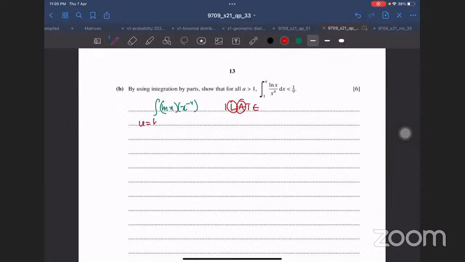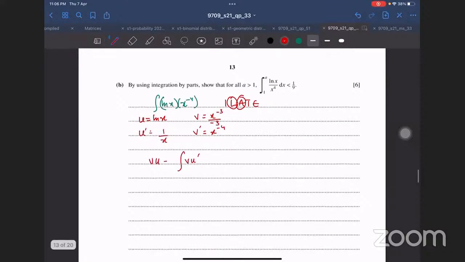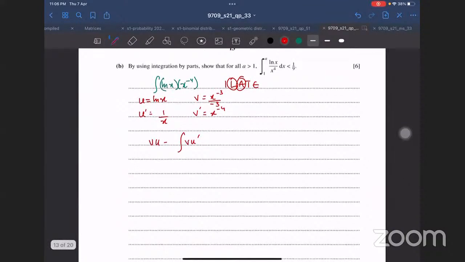The first one in that order is called u, the other one is called v dash. So I get integration and integration again, then vu minus vu dash.